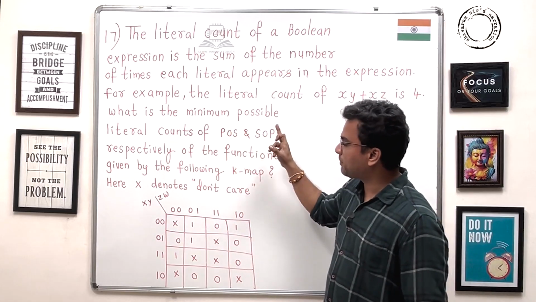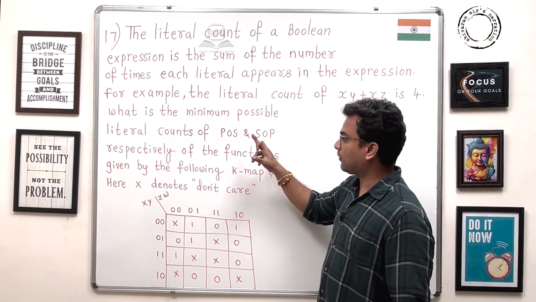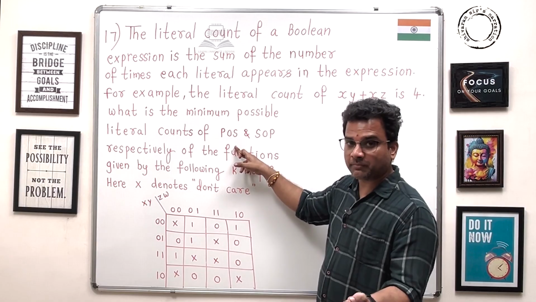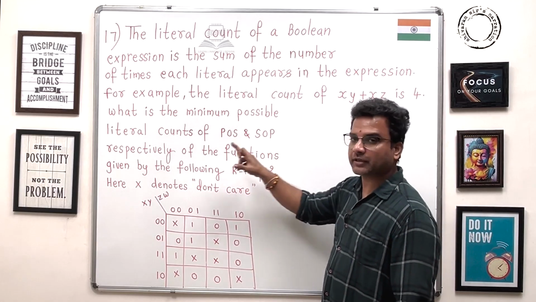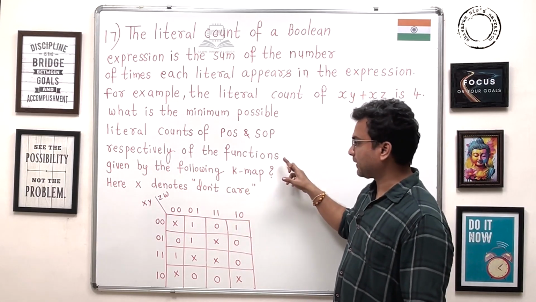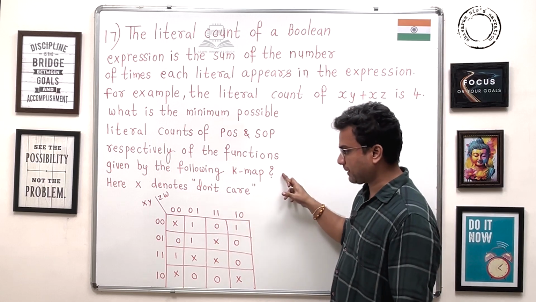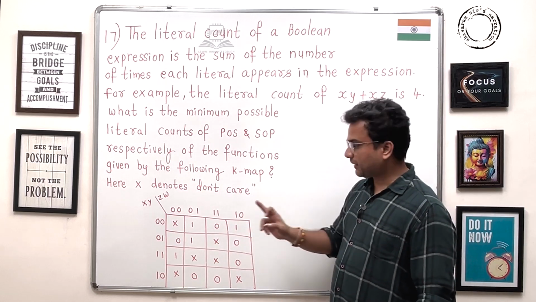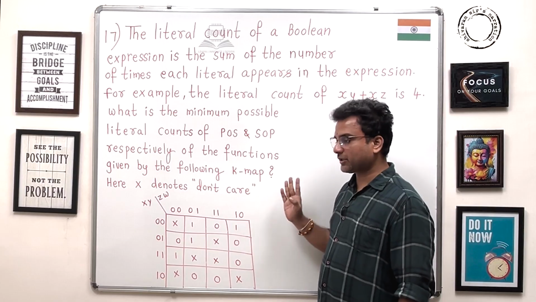What is the minimum possible literal count of POS, product of sum, and sum of products respectively of the function given by the following K-map? This one. Here x denotes don't care.